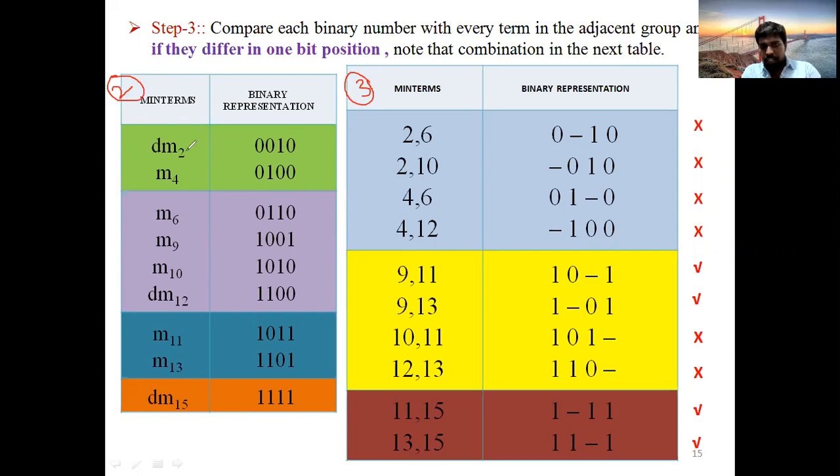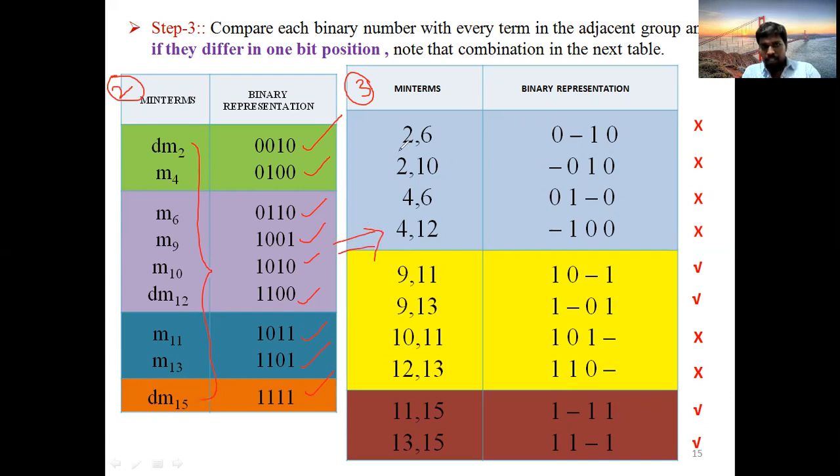Whether 2 is involved there, yeah, 2 is involved here, put a tick mark. 4 is involved, yeah, 4 is there, so put a tick mark. 6 is involved. 9 is also involved. 10 is involved. 12 is involved. 11 is involved. 13 is involved. 15 is involved. So, all the min terms present in step number 2 are involved in step number 3.